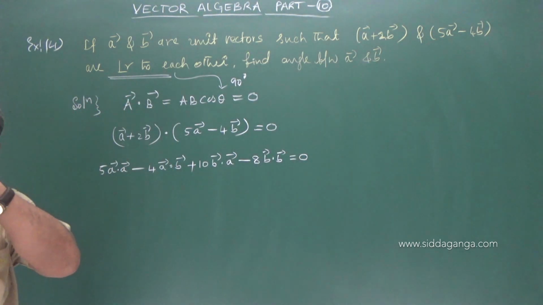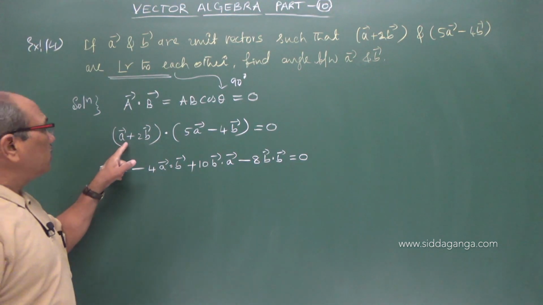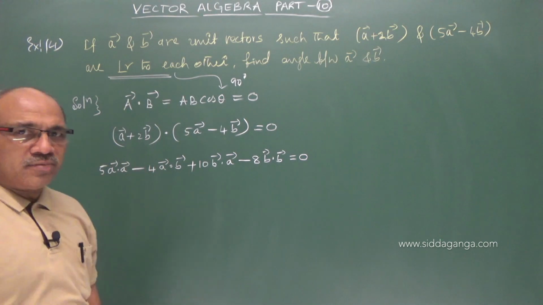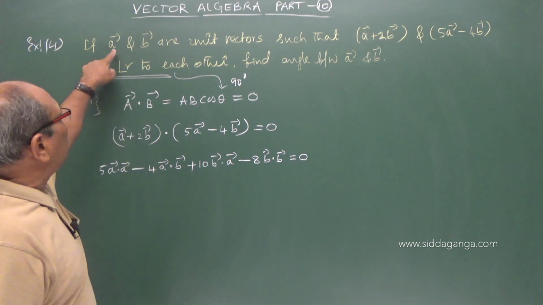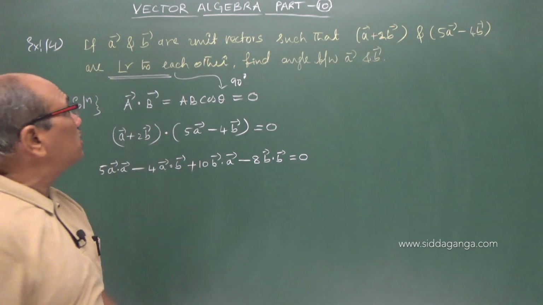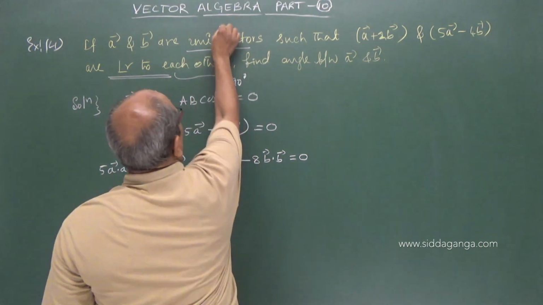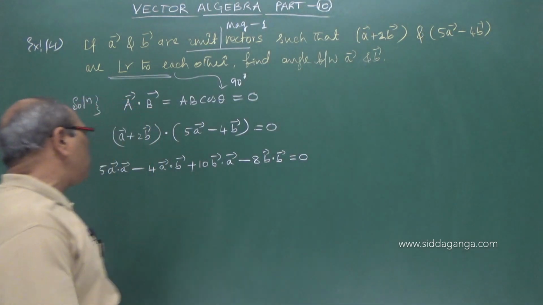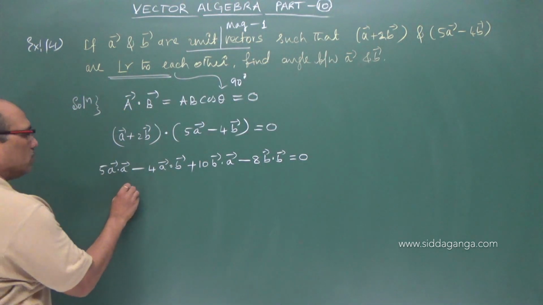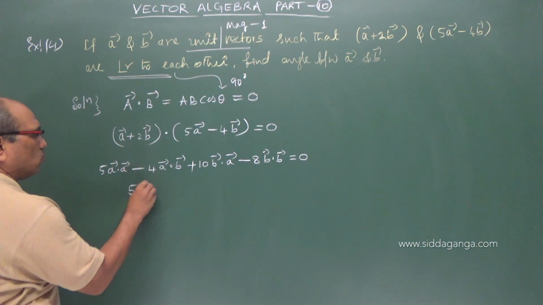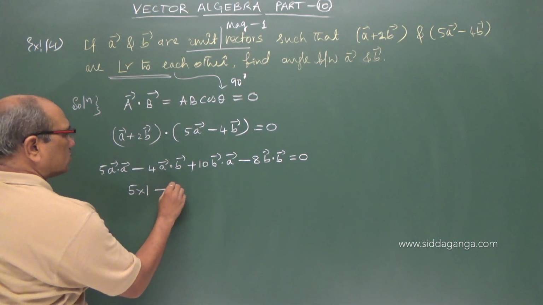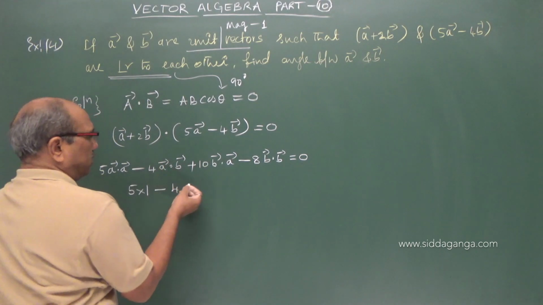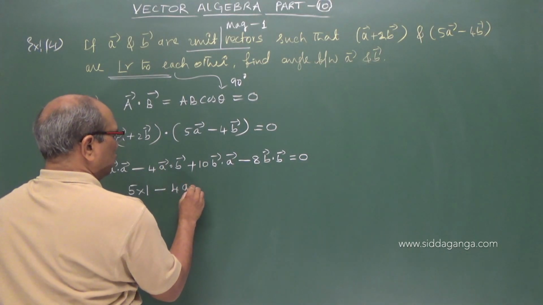See the dot product: A dot A, the self dot product, becomes 1 because they are unit vectors. Unit vectors have magnitude 1. Therefore, A dot A becomes 5 into 1, minus 4 into A dot B.